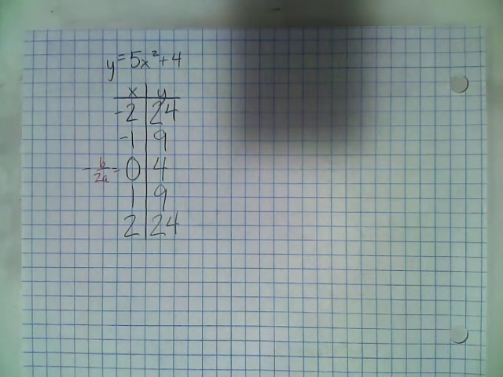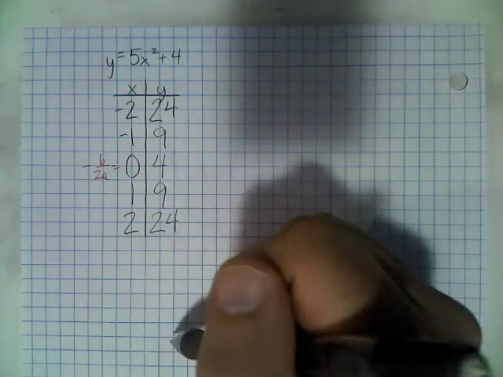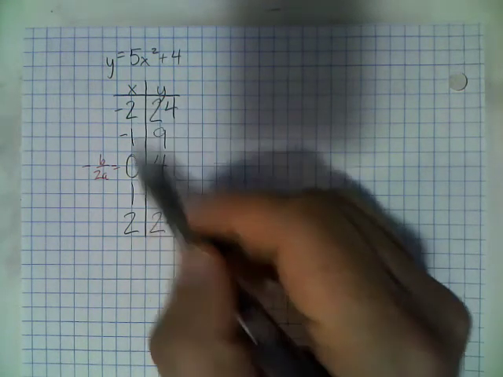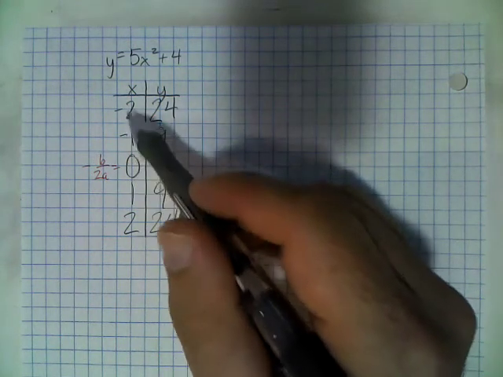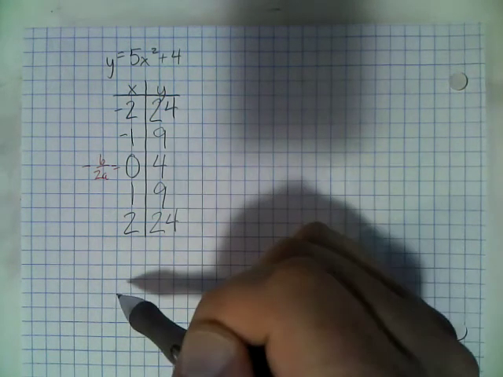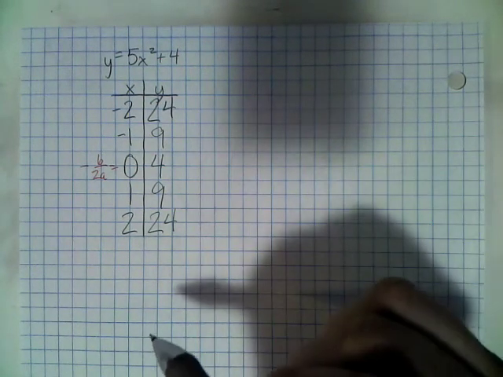And so for this one, we may have to use different scales for our x and our y. My x values are moving very slowly, just -2, -1, 0, 1, 2. So there's not much movement there, but this is going from 4 all the way up to 24.